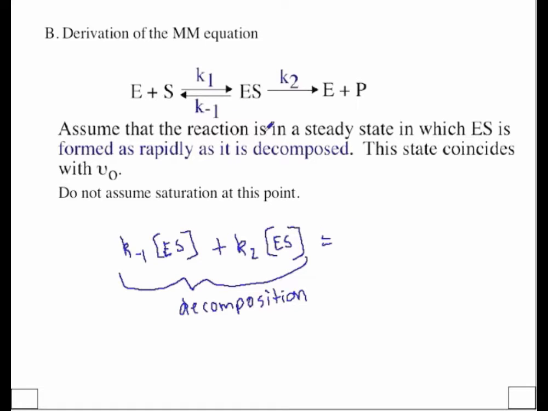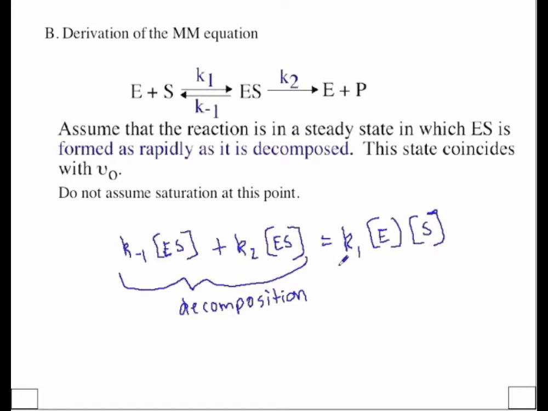So let's look at the one reaction by which it's formed, is this one here. K1 is a pertinent rate constant times concentration of enzyme, right? Again, times concentration of substrate, which are these. Excellent.